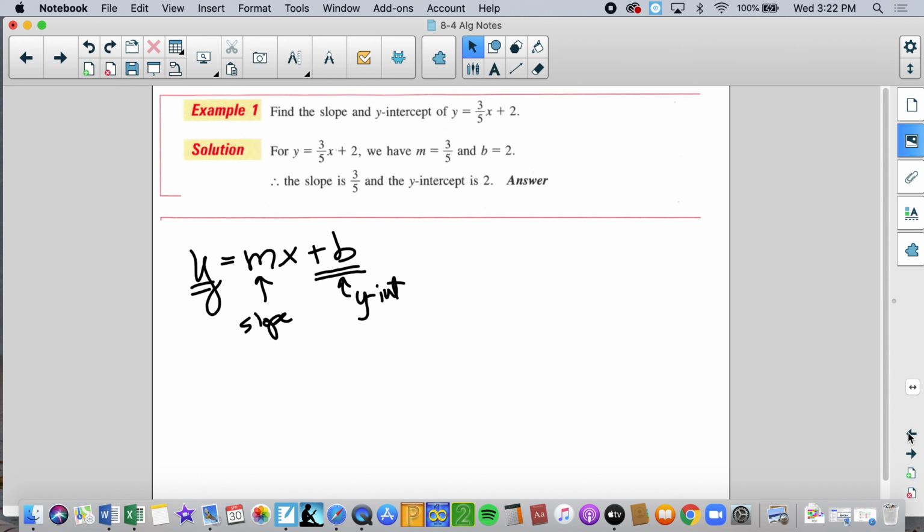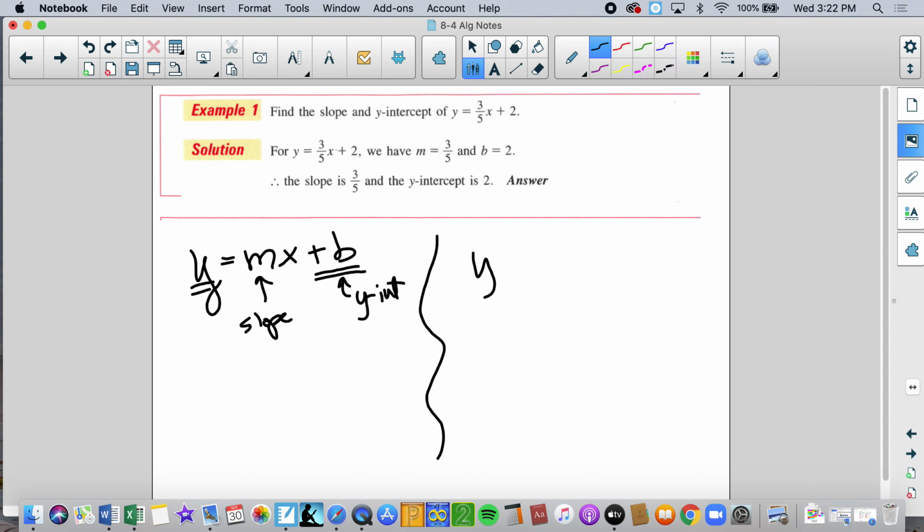So finding the slope-intercept. The slope is always going to be the coefficient. So when we look at this equation, y equals 3/5 x plus 2, the first question we have to ask is, is it in slope-intercept form? And how do we know this is in slope-intercept form? y is isolated.